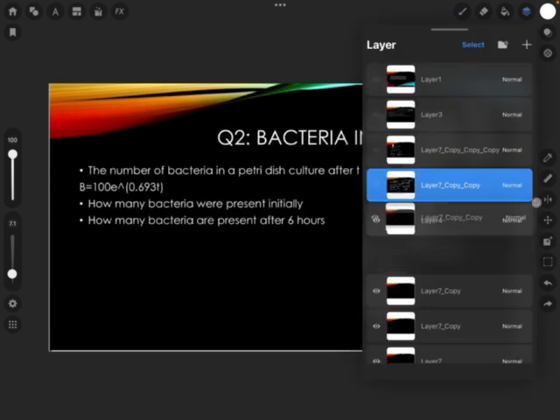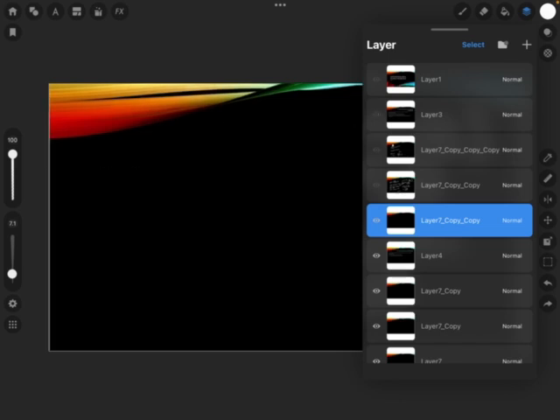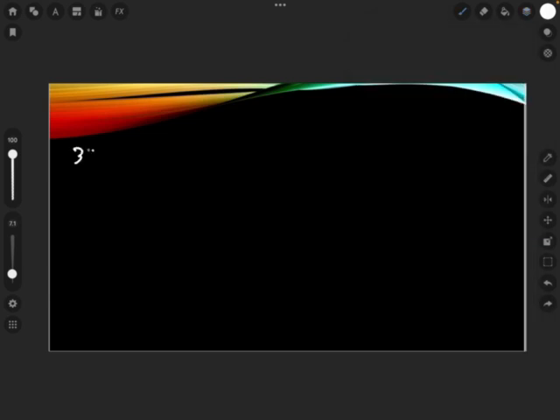And then for the next question, it's asking us if the school closes at 300 out of 800 students, when will the school close? We're pretty much doing the same thing as the previous question. So we're just going to plug in 300 equals 800 over 1 plus 49e to the negative 0.2t. Same thing, just with different numbers.